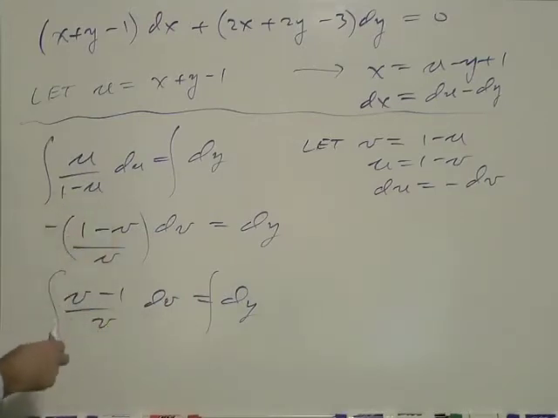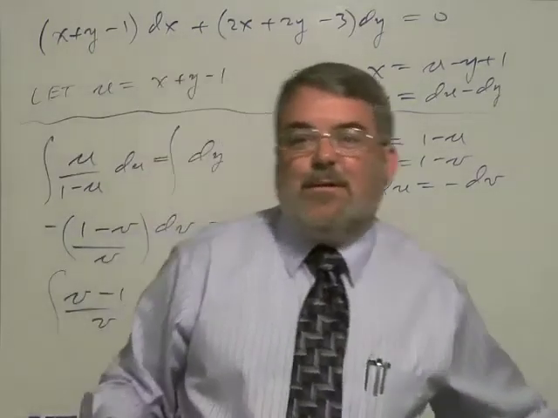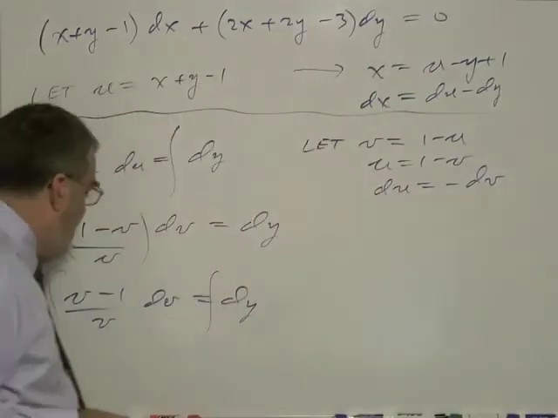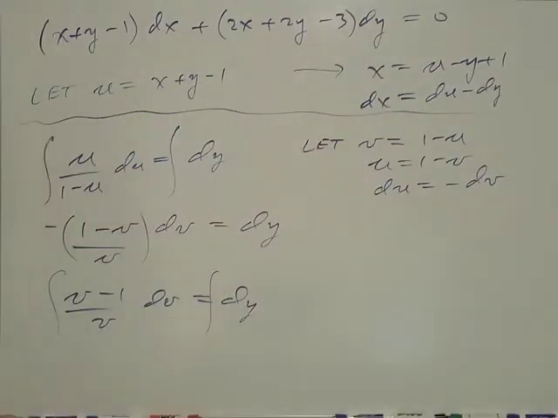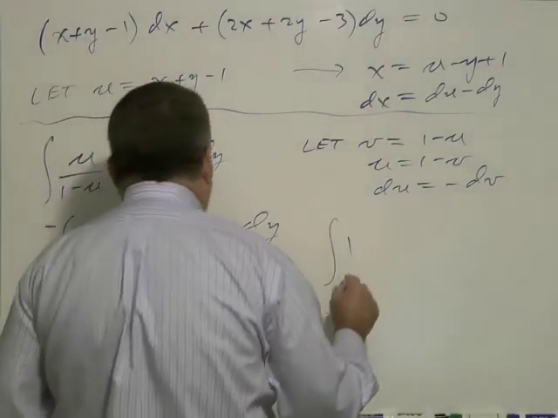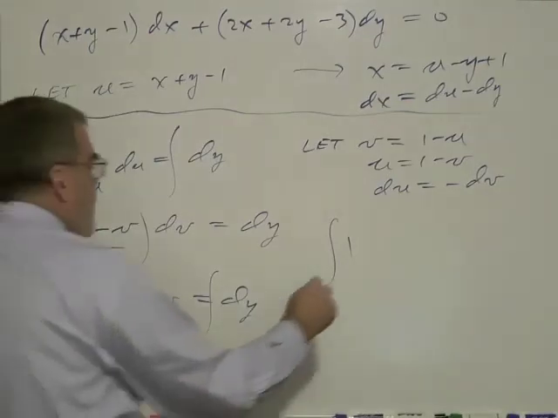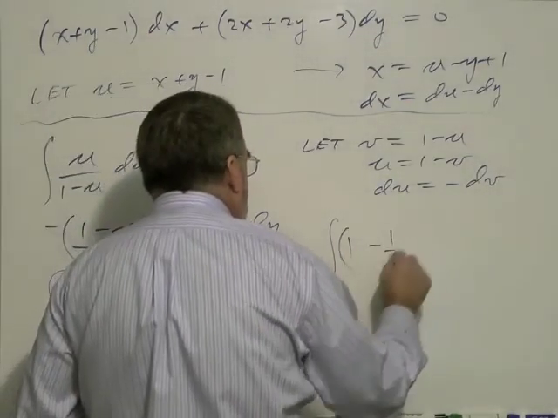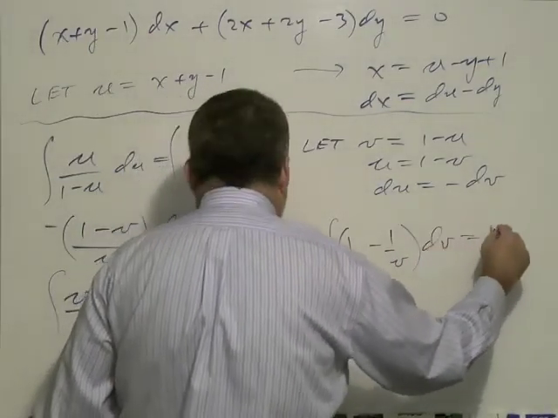Up here, it wasn't easy to divide 1 - u into those terms. It can be done, but you'd have to use long division of polynomials, which you probably don't want to get into. So v goes into v one time, and I'm integrating (1 - 1/v) dv equals the integral of dy.